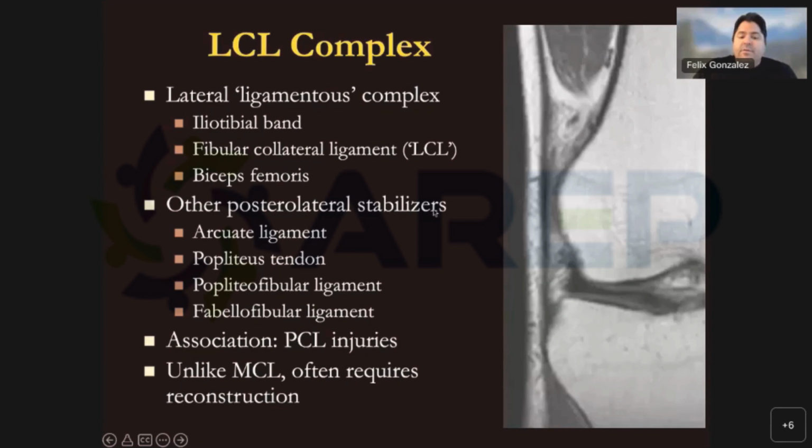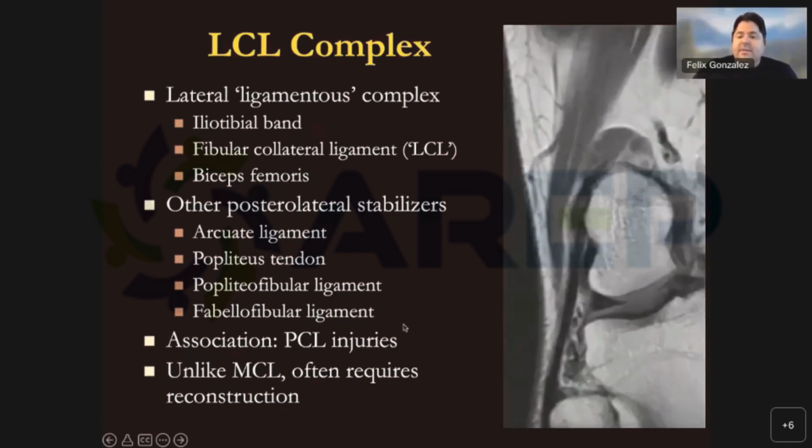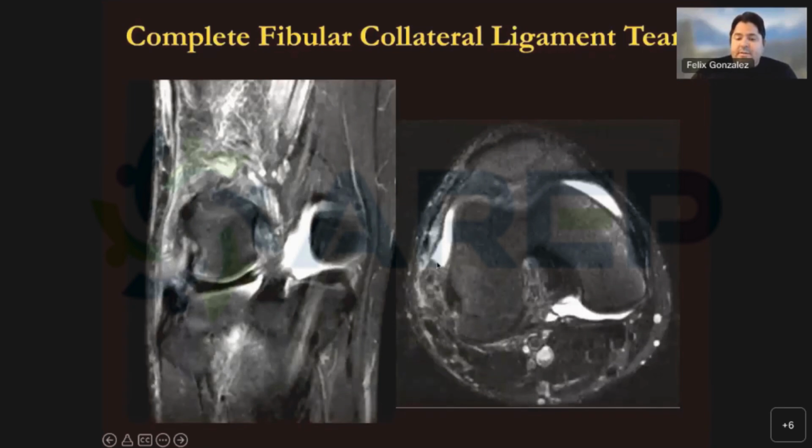We also have other stabilizers in this region, such as the arcuate ligament, the popliteus tendon, the popliteofibular ligament, the fabellofibular ligament. The lateral collateral ligament complex is commonly associated with PCL injuries and, unlike the MCL, often requires reconstruction. Hence, how critical of a role we play when we describe these injuries on MRI.